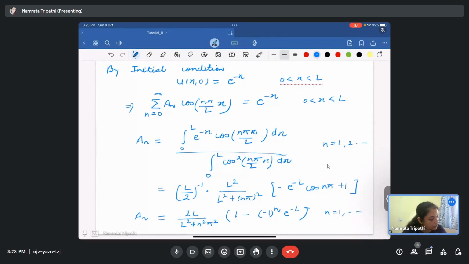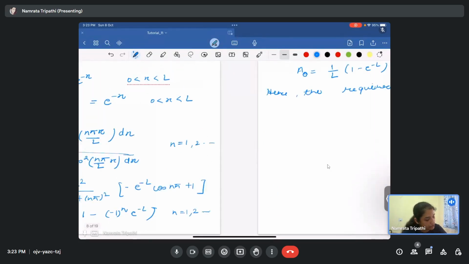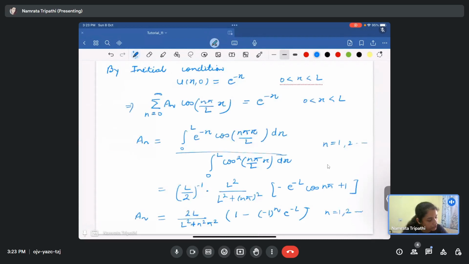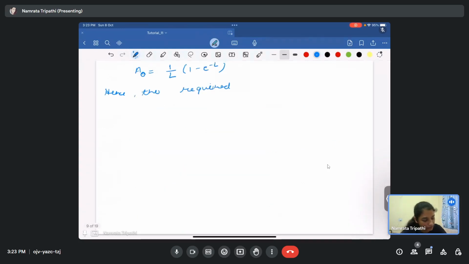Then we will get this expression for n equals 1, 2 and so on. For n equals 0 the value will be different, because 0 cannot be written in the general form; if we put n equals 0 here, you will get a value different from the general one. So I am writing it separately.